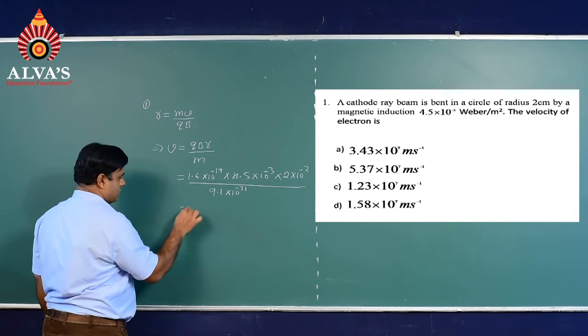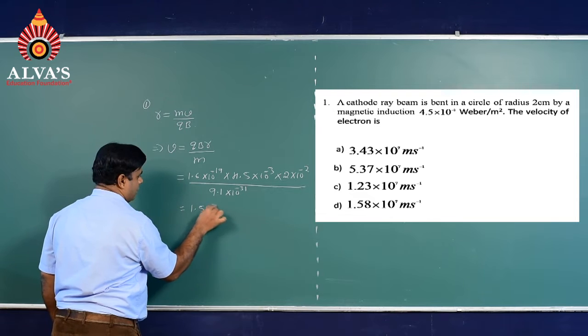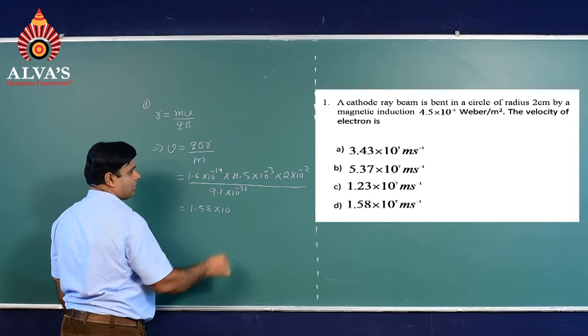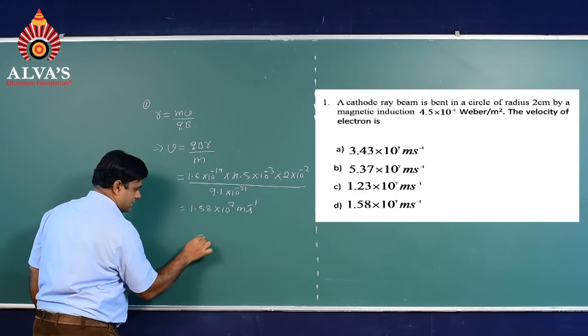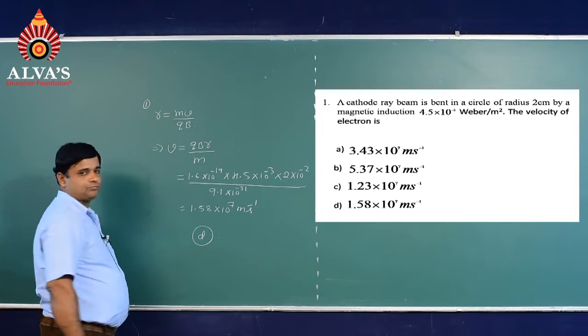Simplify that, which comes equal to 1.58 into 10 to the power 7 meter per second. So, the answer is D.